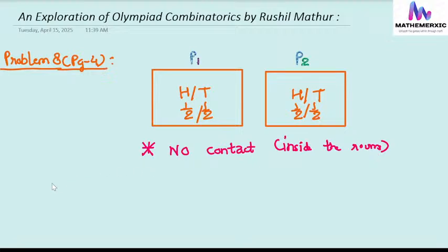So what are the possibilities? Let us say in the first coin toss, there are some possibilities. Tail will come here, tail will come here. Head will come here, head will come here. Tail will come here, head will come here.